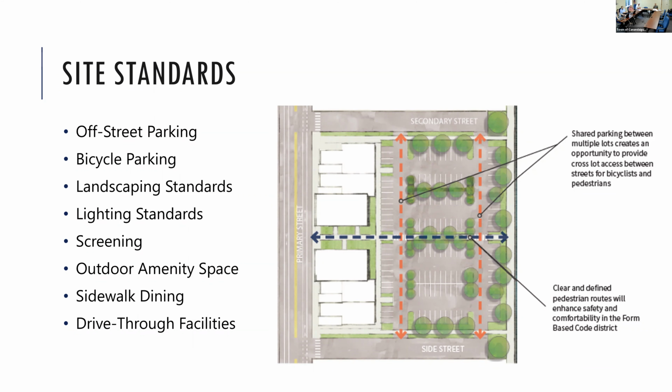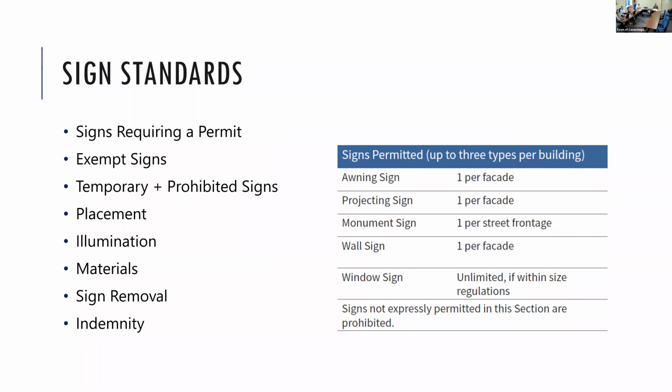And then we also have sign standard requirements. So we have general requirements, and this is in many ways very consistent with your existing sign regulations, which have been updated not too long ago as well. There's a lot of overlap, but where there are some specific regulations are those signs requiring a permit.